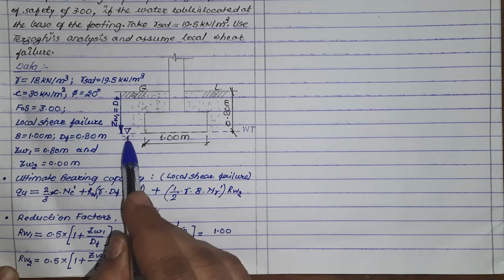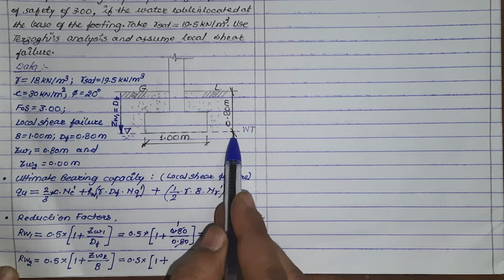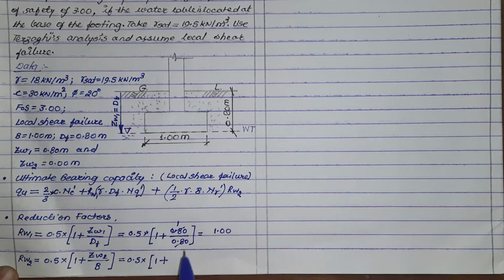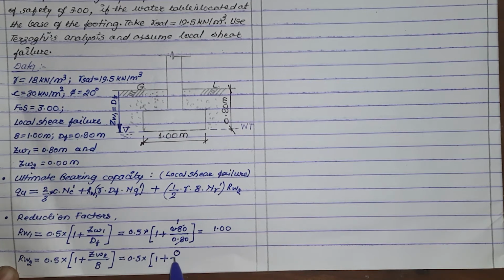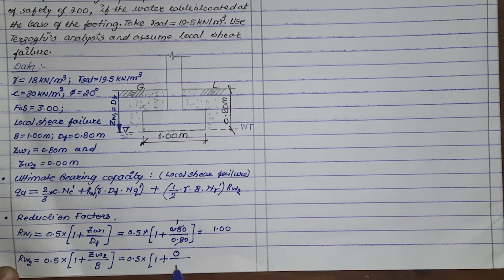Here water table is located at the base of the footing. Hence ZW2 is equal to 0. So ZW2 is substituted as 0 divided by B. B is width of footing, which is 1.00 meter.